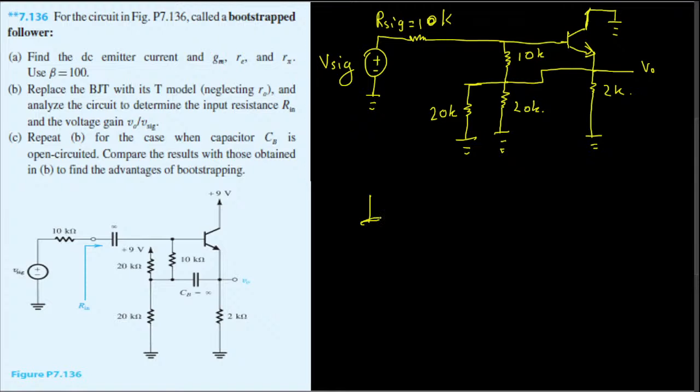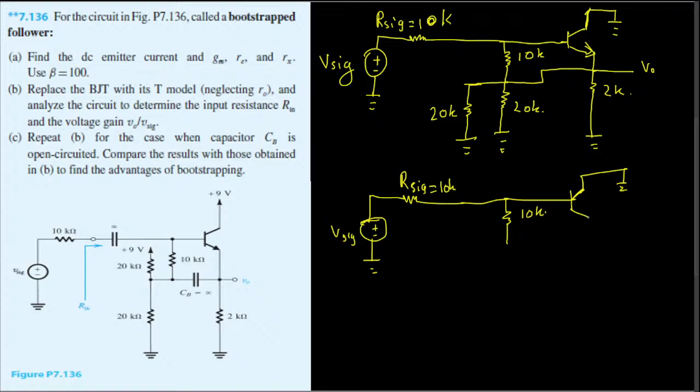We are going to have this voltage vsig right here, and R6 remains the same, and then we still have the 10k, and the BJT is right there connected to the ground here, and the bottom part has this resistance connected to the ground, and here we have a wire before the 2k.